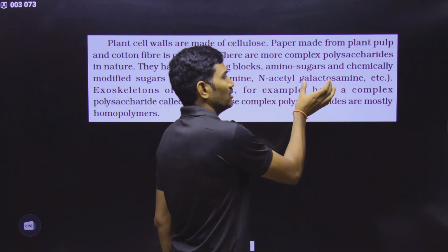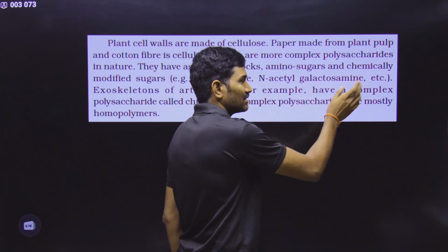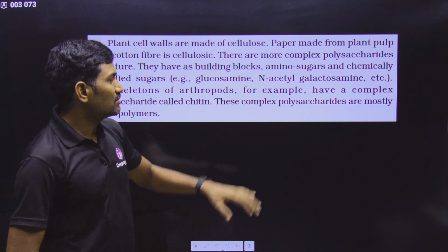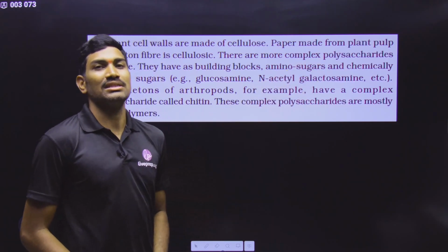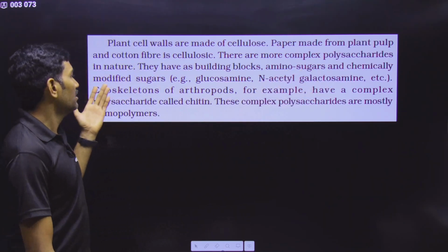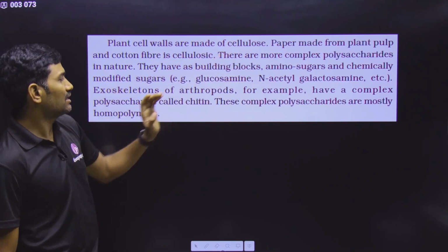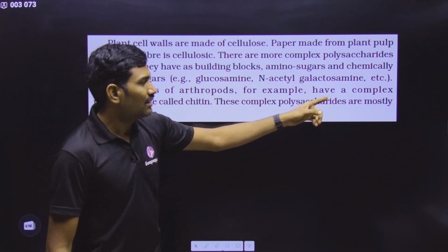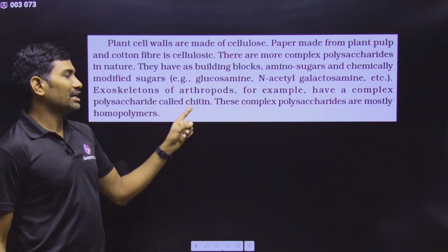N-acetyl galactosamine, where to the galactose an amino group is attached, and to that amino group an N-acetyl group is attached. So in this way, some complex molecules are also present in nature. Next one. Exoskeletons of arthropods, for example, have a complex polysaccharide called chitin.